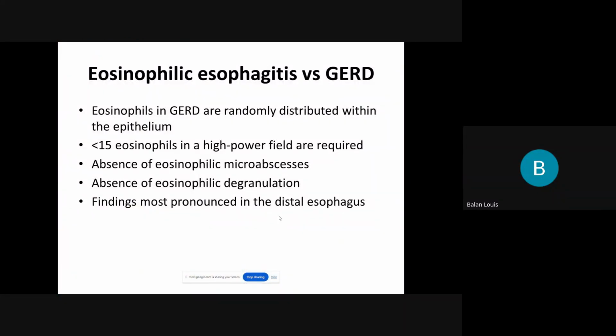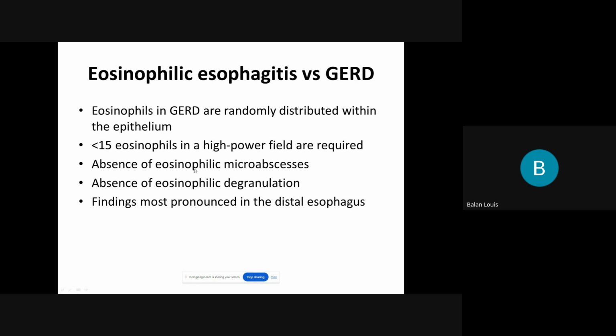And whenever we get eosinophils, we have a differential diagnosis between eosinophilic esophagitis versus GERD, because both conditions can show eosinophils in the epithelium. How to differentiate between the two? There are certain features. For example, in GERD, the eosinophils are randomly distributed within the epithelium, and usually there are fewer than 15 eosinophils per high power field.